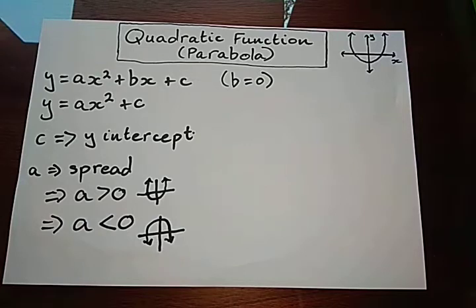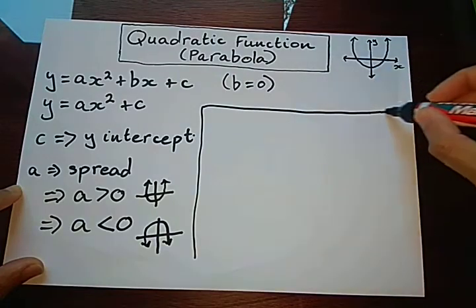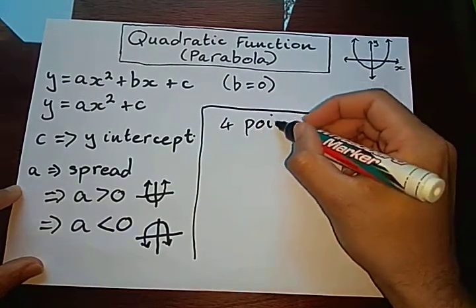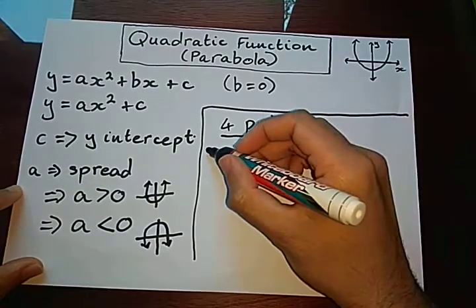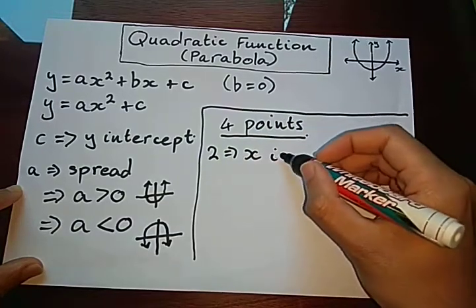Now, let's focus on how to actually plot a quadratic function on a set of axes. We are interested, for all parabolas, in 4 main points. Two of these points are our x-intercepts.